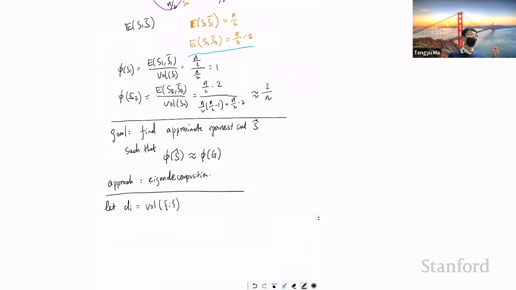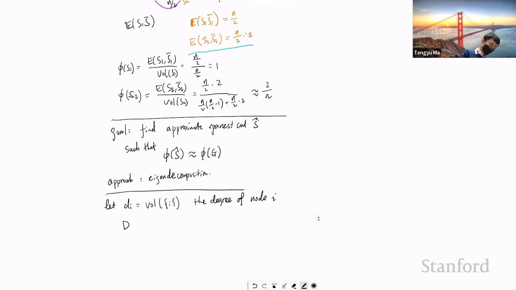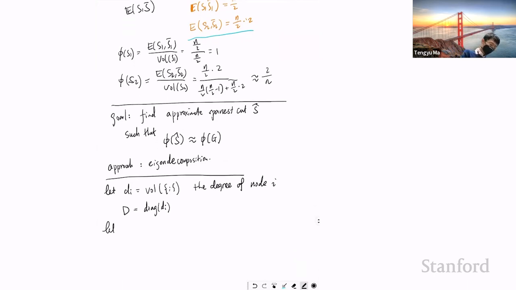You take a single node, you take the volume, this is di, and this is really just the degree of node i. Let D be the diagonal matrix that contains the di's as its entries. And let's define the so-called normalized adjacency matrix.